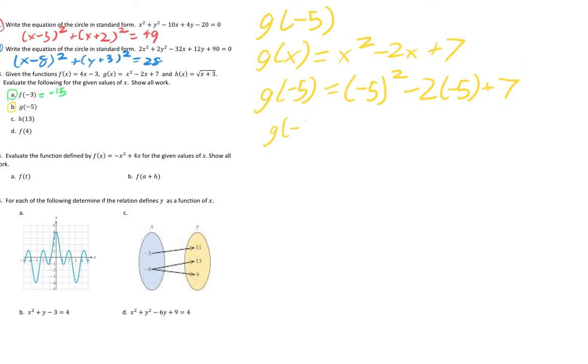So g of negative 5 is going to be equal to, so negative 5 squared is going to leave us with a positive 25, right? Because we square a negative, we get a positive number. And then negative 2 times negative 5 is going to leave us with plus 10 and plus 7, right? So we're going to be left with g of negative 5 is going to be 42.